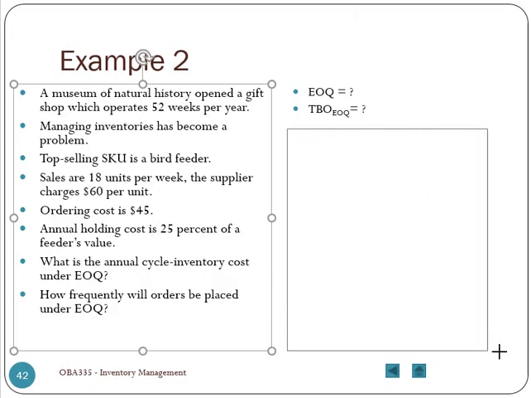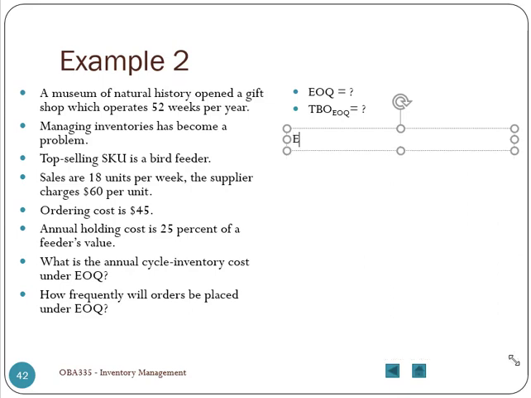Let me type here. So EOQ is equal to the square root of 2 times total demand times S, ordering cost, divided by H, holding costs.